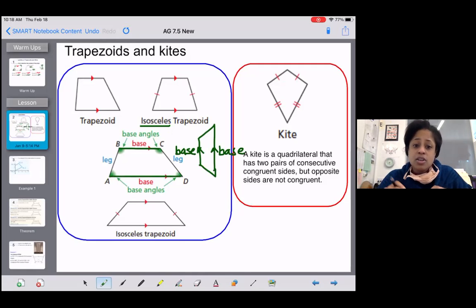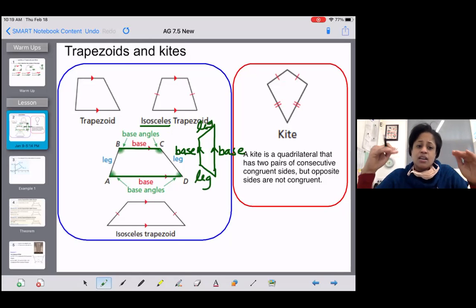And then the legs are the two sides of the trapezoid that are not parallel. So this one would be a leg, and this one would be a leg, simply because they are not parallel and they are part of the trapezoid. All right, and then we have base angles, which is exactly what it sounds like. The angles that are formed by bases, and they kind of come in pairs.